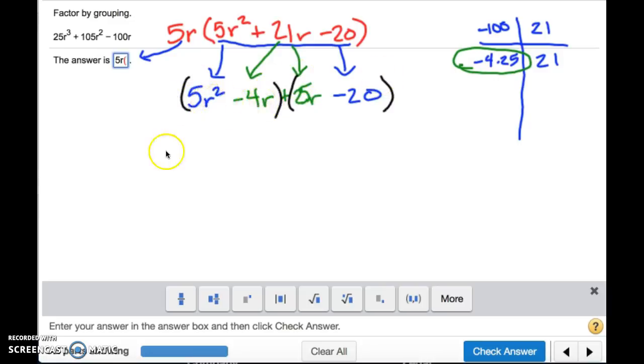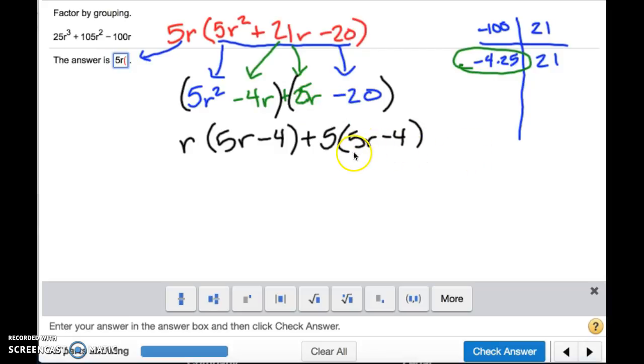So I take two groups, and these both have an r in common. That leaves me 5r minus 4. And this time I can factor out a 5 from both of these. And when I do that, it leaves me with 5r minus 4.